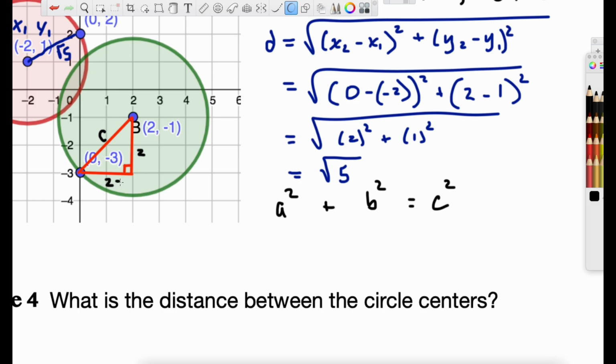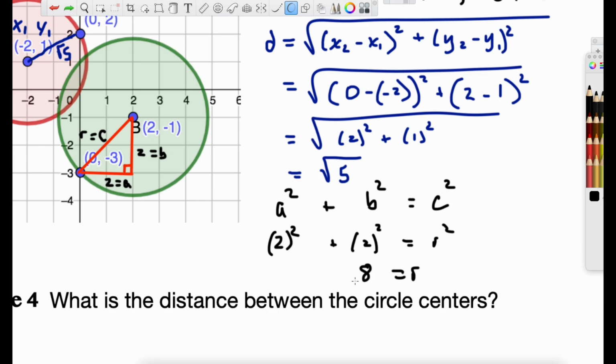Let's call this leg a, this leg b, and this leg r. That's our radius. So we've got 2 squared plus 2 squared equals r squared. 4 plus 4 is 8, equals r squared, and then we take the square root of both sides.